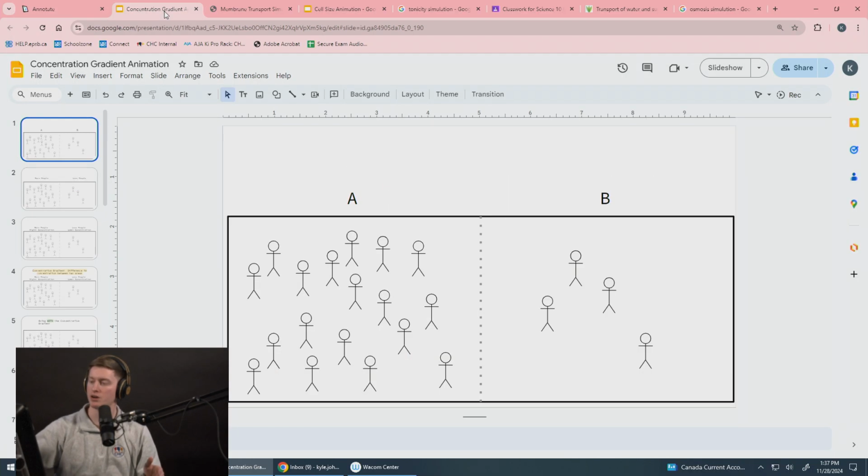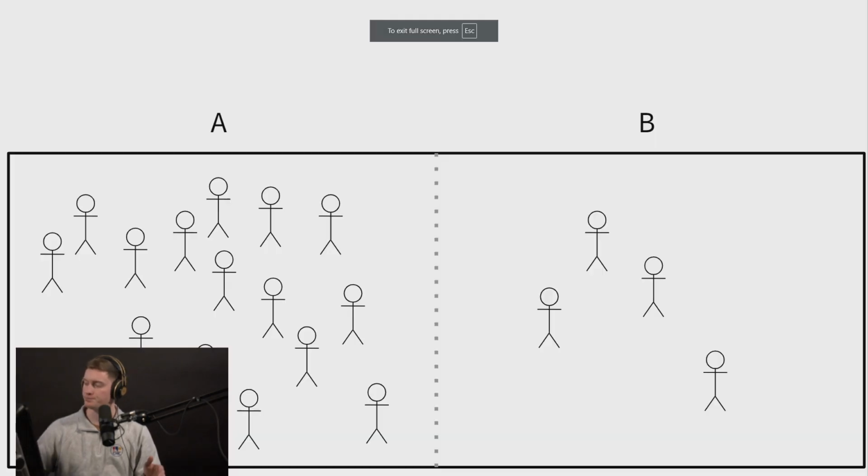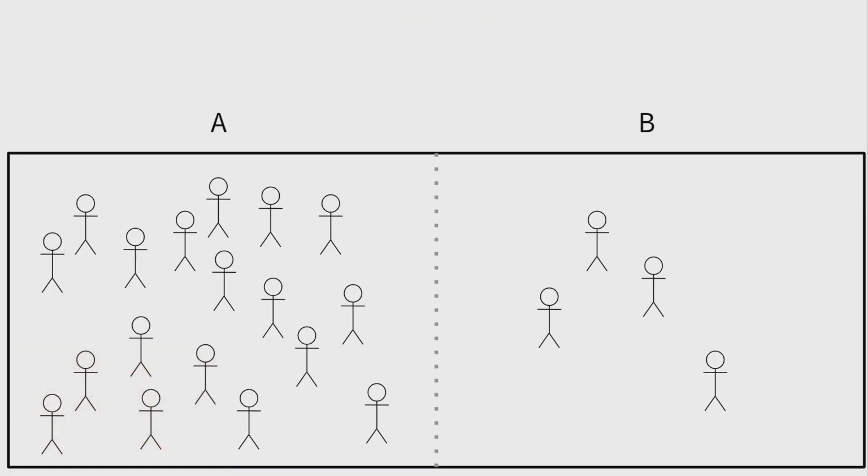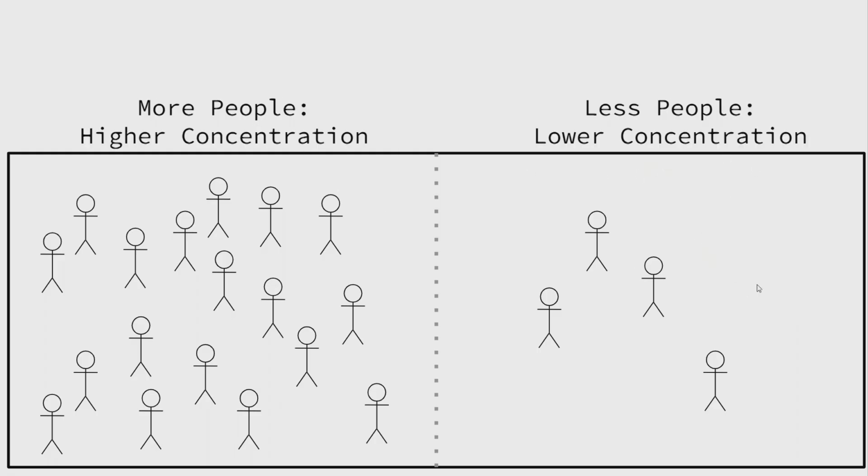Just to review what a concentration gradient is, imagine this is our people. We've got a bunch of people mingling around on one side of the room. And this is our semi-permeable membrane that people can cross. We've got more people on one side, or a higher concentration, and less people on the other side.